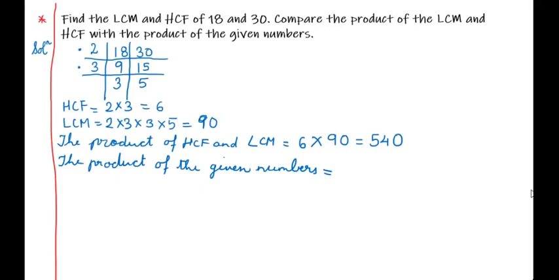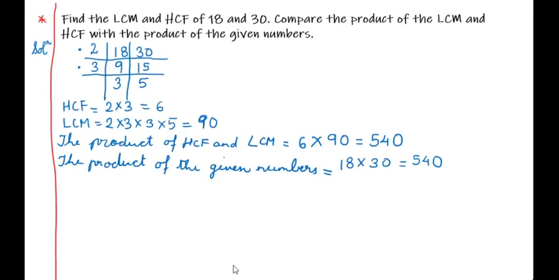Next, they are telling us to compare this with the product of given numbers. So I have written here the product of the given numbers. Given numbers are what? 18 and 30, and its product means multiplication. 18 threes are 54 and 0, means again we are getting 540. Yes or no? So can you see both of their products are equal?